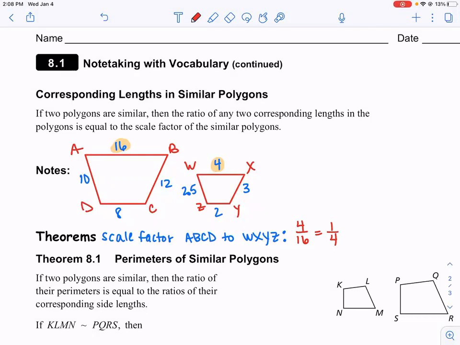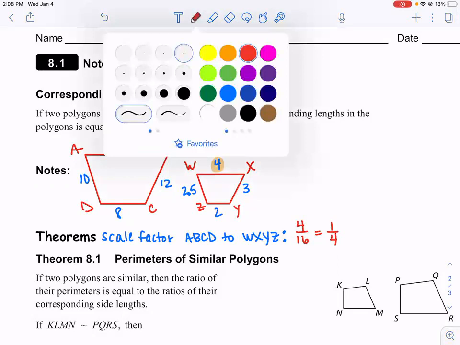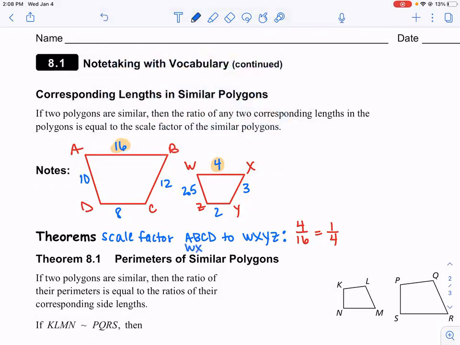So I know I have ABCD written first, but I'm going to set up my fraction upside down so that this is the number I would multiply to ABCD to get to WXYZ. If I want the scale factor from WXYZ to ABCD, then we would take 16 over 4, and yes, it would be 4 over 1. Okay, go on.